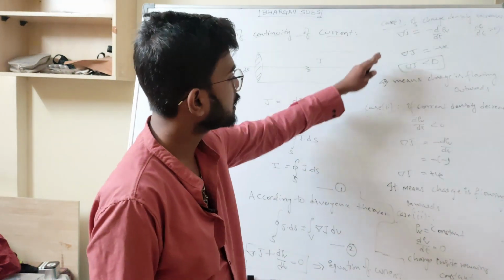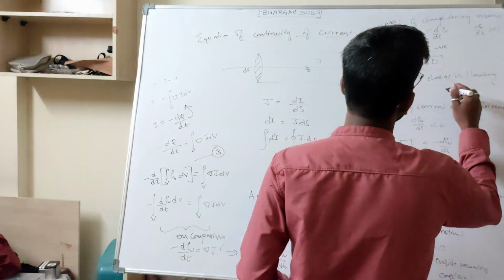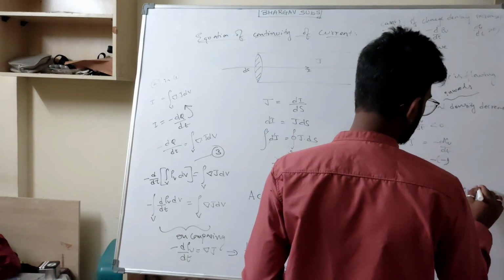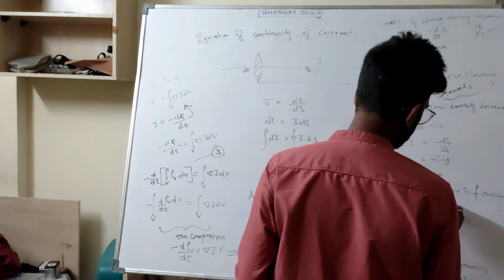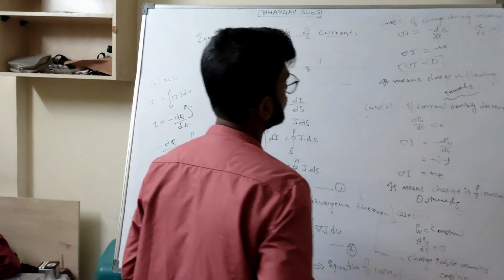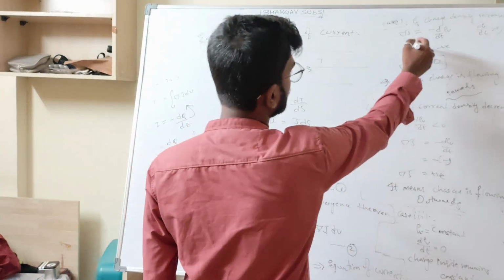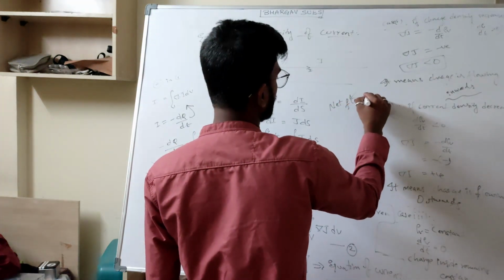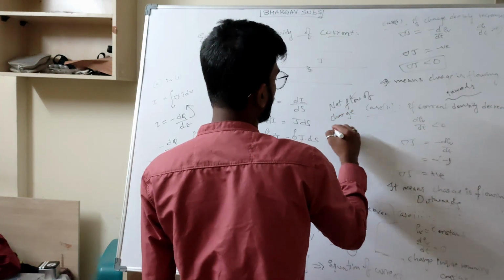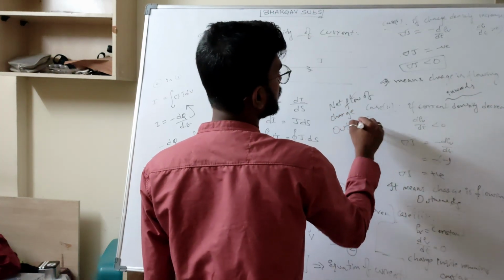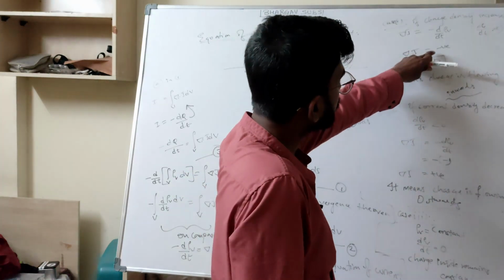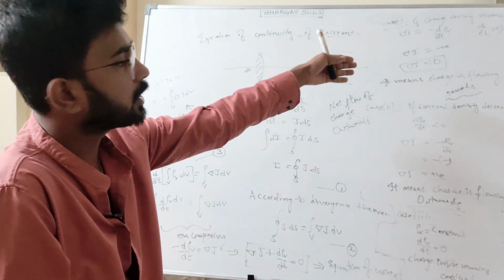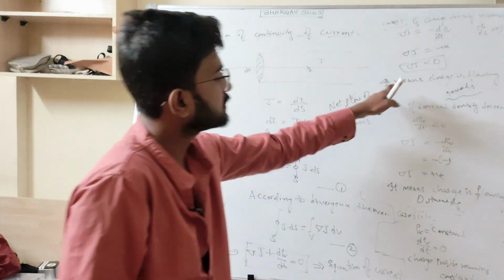It was continuously flowing, like it is flowing inwards here, and here it was flowing outwards. Okay, so what is it called? Gradient J is nothing but the net flow of charge outwards. If we got this negative, it means the charge was increasing inside, so the charge is flowing inwards.